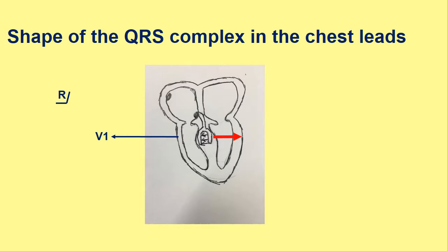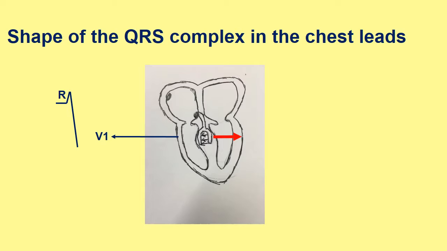Now after the septal depolarization is complete, you get the ventricular depolarization. And remember, I said the left ventricle is the one that takes charge, so V1 will be measuring the wave of depolarization in the left ventricle. Because this wave of depolarization is traveling away from the V1 electrode, it will cause a negative deflection downwards.